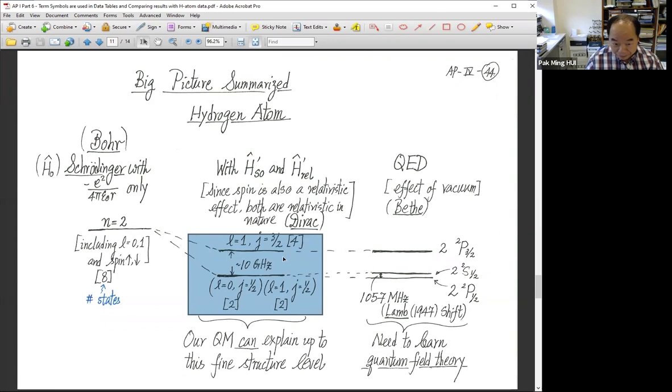This is our prediction. We predicted that, although they come from S and P differently, because they have the same J, they should be the same here. Nonetheless, observation said no, there's a slight split, and that can be explained by QED.